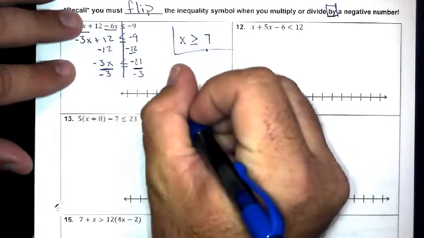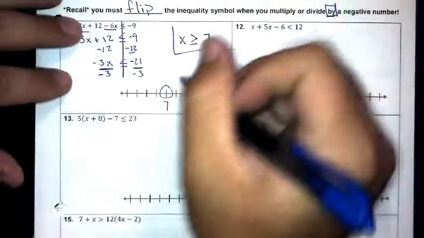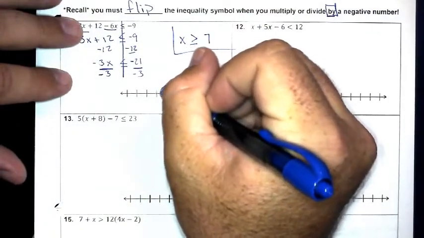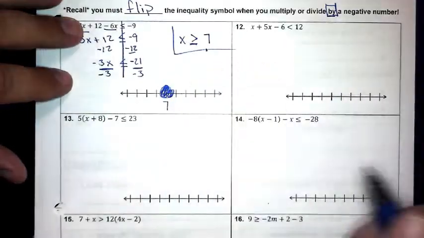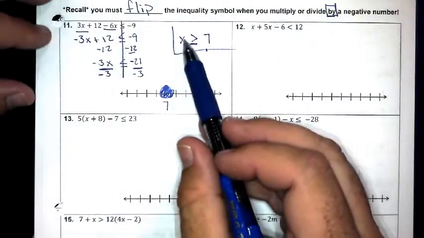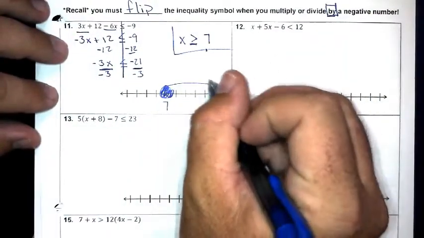AKA open circle or closed circle? Closed circle, because of the equal to. Last question, is it greater than or less than? Greater than. X is greater than, so I'll draw an arrow to the right.